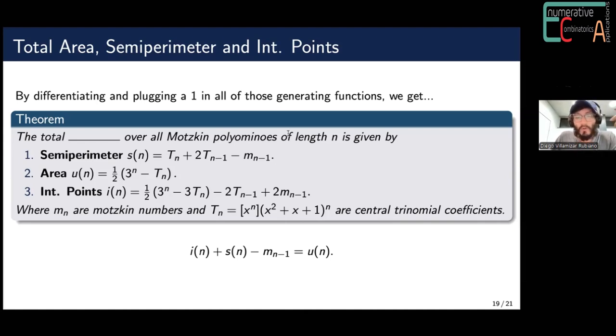And so what happens is that when we look further into the second formula of the area, when you expand this polynomial completely, it's a palindromic polynomial, and it has some trinomial coefficients. It has degree 2n.